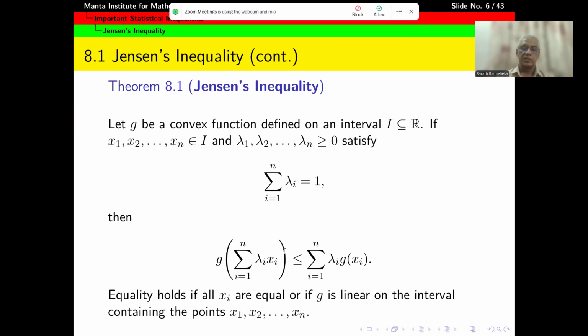Particularly, the equality here holds if all xi's are equal or if G is a linear function on the interval containing the points x1 up to xn. That is when the equality holds. Otherwise, it's always less than. G of this quantity is less than or equal to this quantity when the sum of lambda is equal to 1.